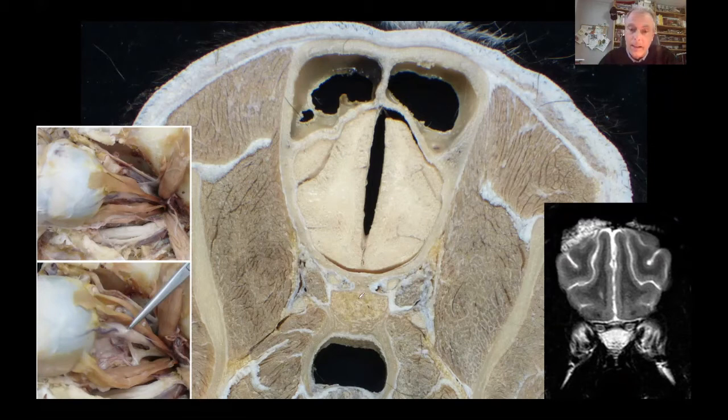And again, the presphenoid bone here. And then we see the optic nerve here that is beginning to move towards the optic canal. There is the optic canal. Okay, there you have the optic nerves, one and the other one.